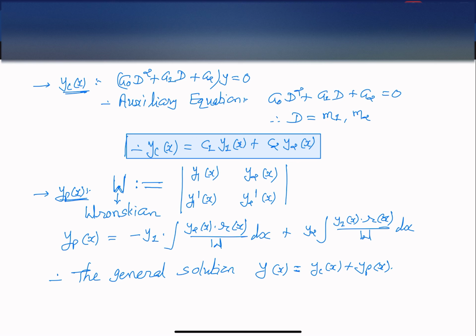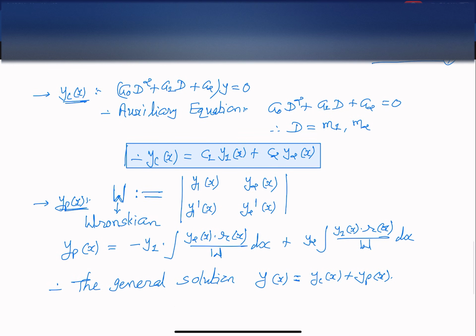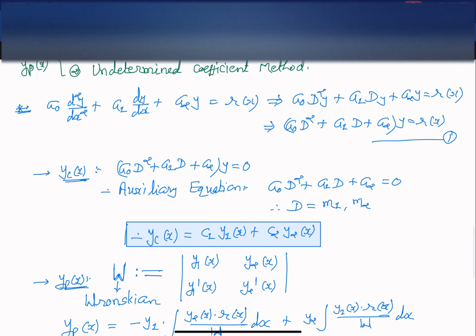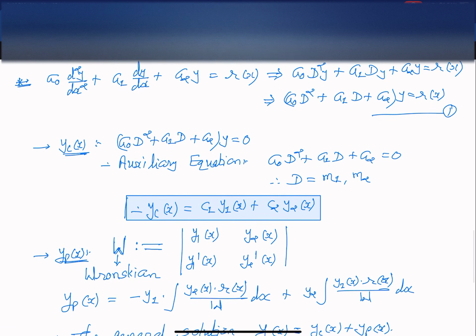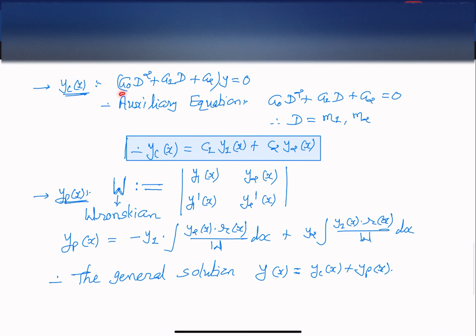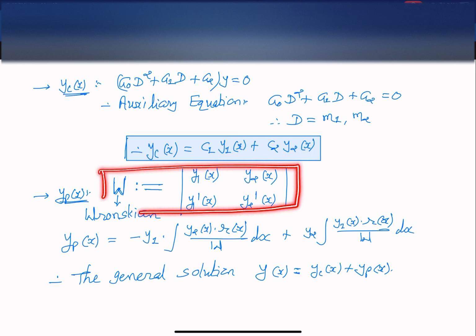So, what is on the screen is the perfect method of the variation of parameters. Again, I repeat, I have given this differential equation. First, I find yc(x) by considering R(x) equal to 0. So, I get two functions, y1 and y2. Then I find the Wronskian. This is important.